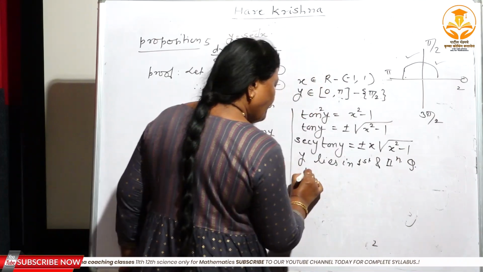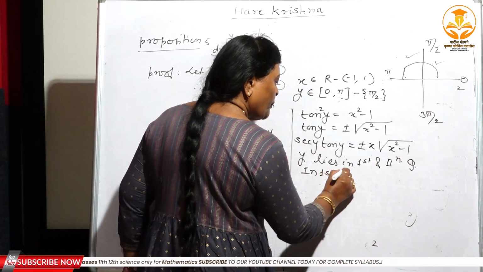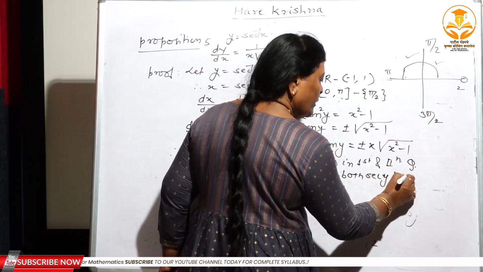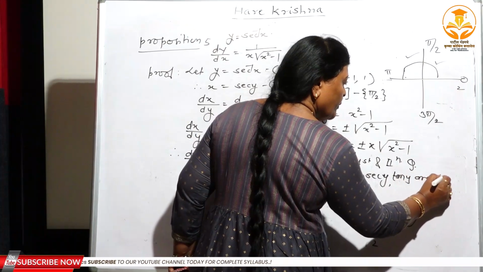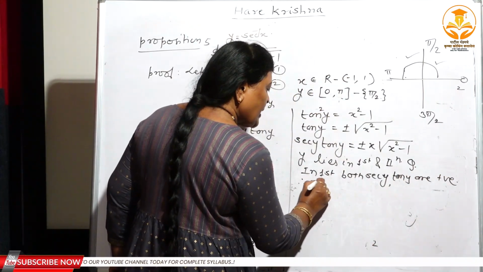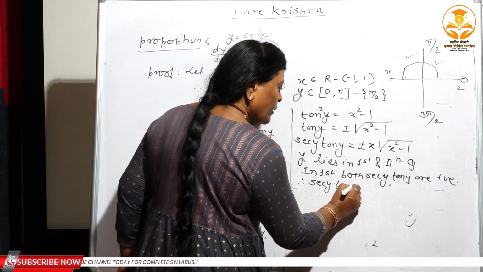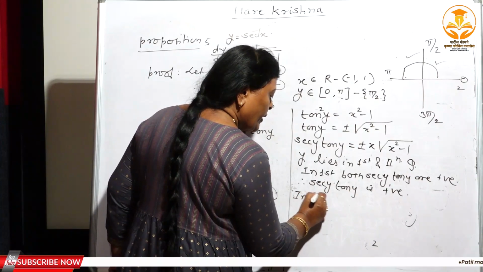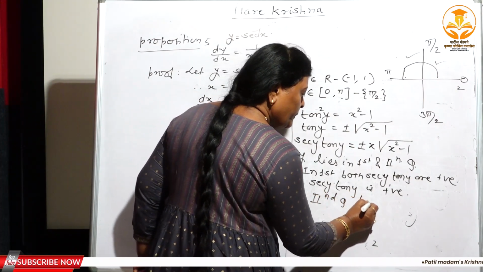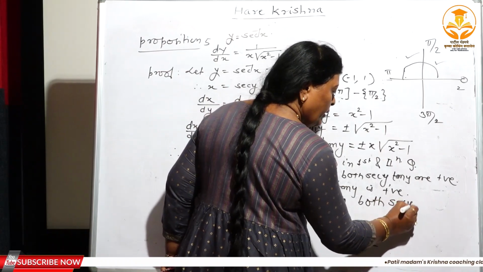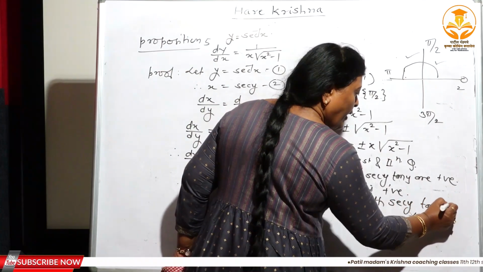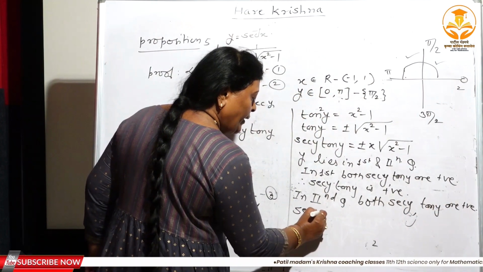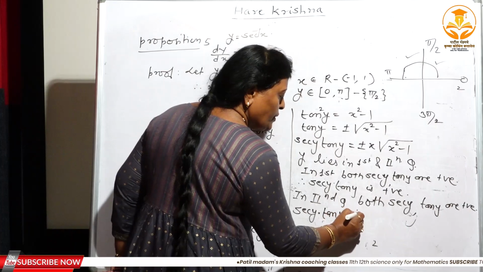In the first quadrant, both sec y, tan y are positive. Therefore, sec y into tan y is positive, and in the second quadrant both sec y, tan y are negative. Therefore, their multiplication sec y into tan y is positive.